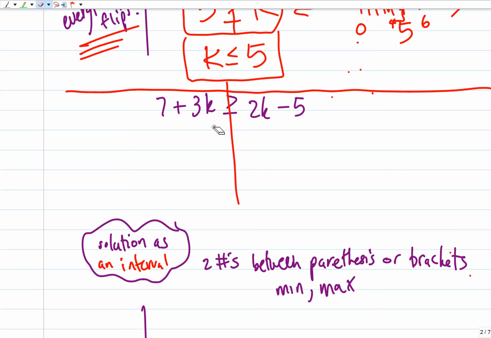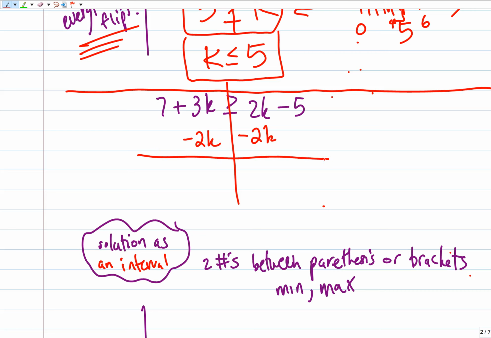So when I look at this, how do I get that k on one side? Do you want to subtract the 3 or subtract the 2? I generally like to do the smaller of them. Keep things positive. And if I do it to one side, do it to the other.